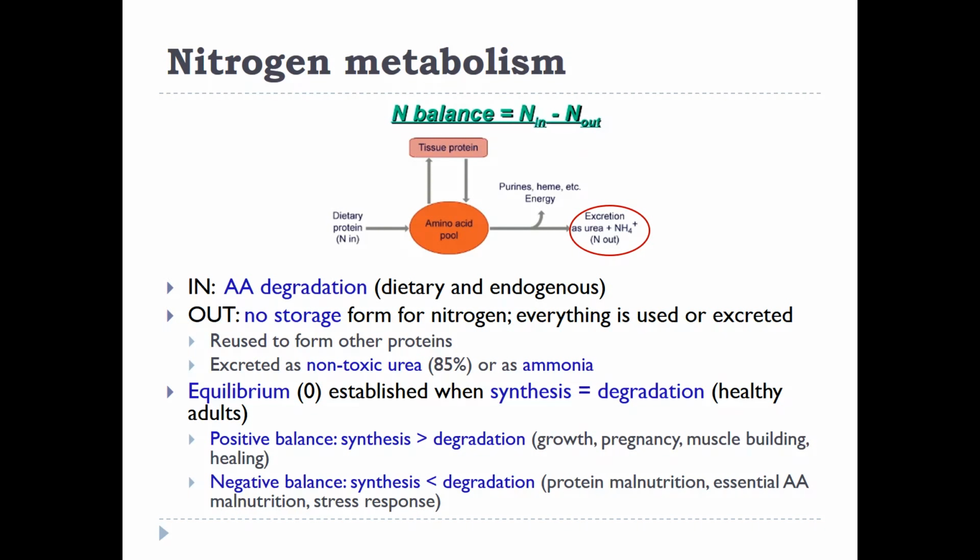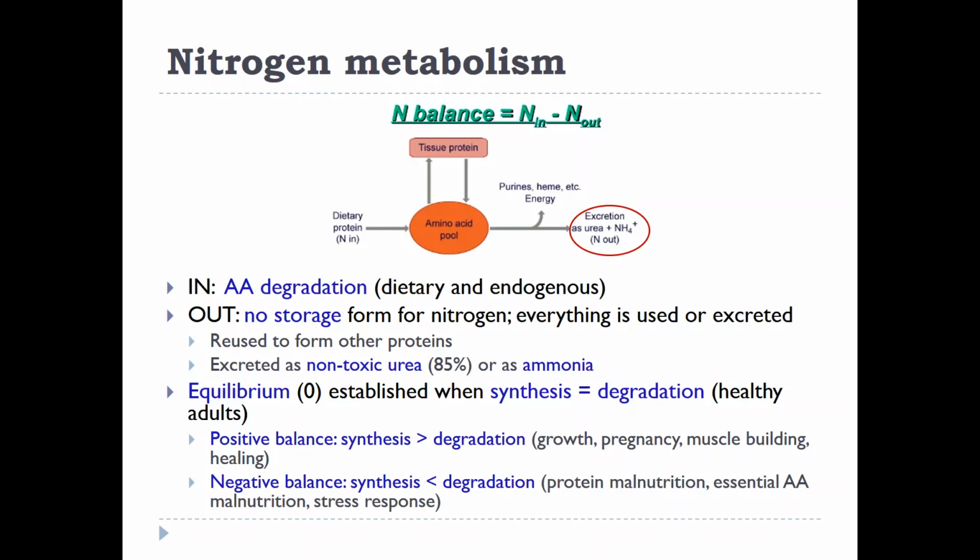Let's see what happens to the nitrogen that is produced in the process of amino acid deamination. Nitrogen has no storage form, so everything that is produced in the process of amino acid degradation, either of dietary or endogenous amino acids, needs to be used up, either in the formation of new amino acids or new molecules, or whatever is left over needs to be excreted in the urine, either in the shape of the non-toxic urea, about 85%, or in the form of the toxic version, ammonium, which also gets excreted in a small percentage in the urine.